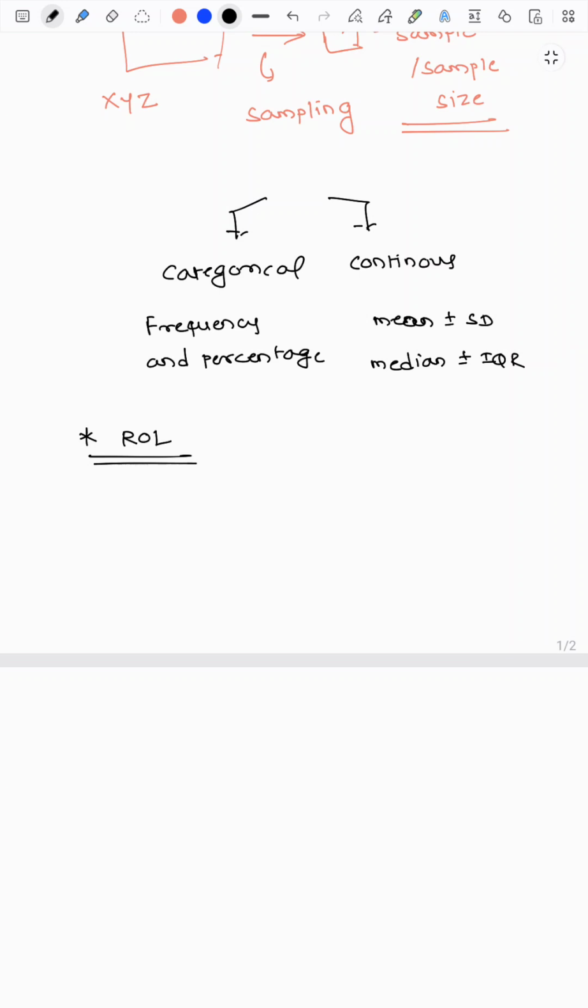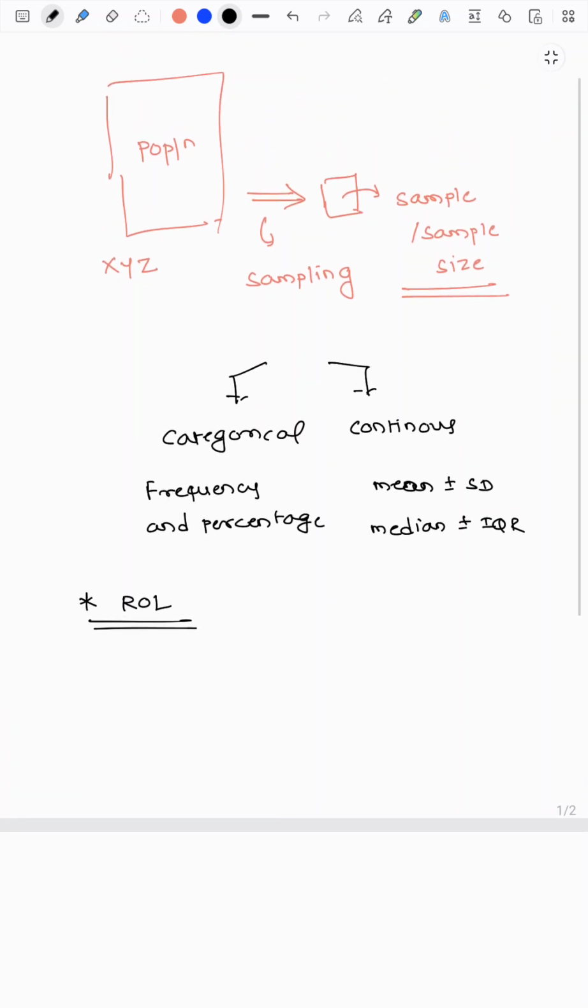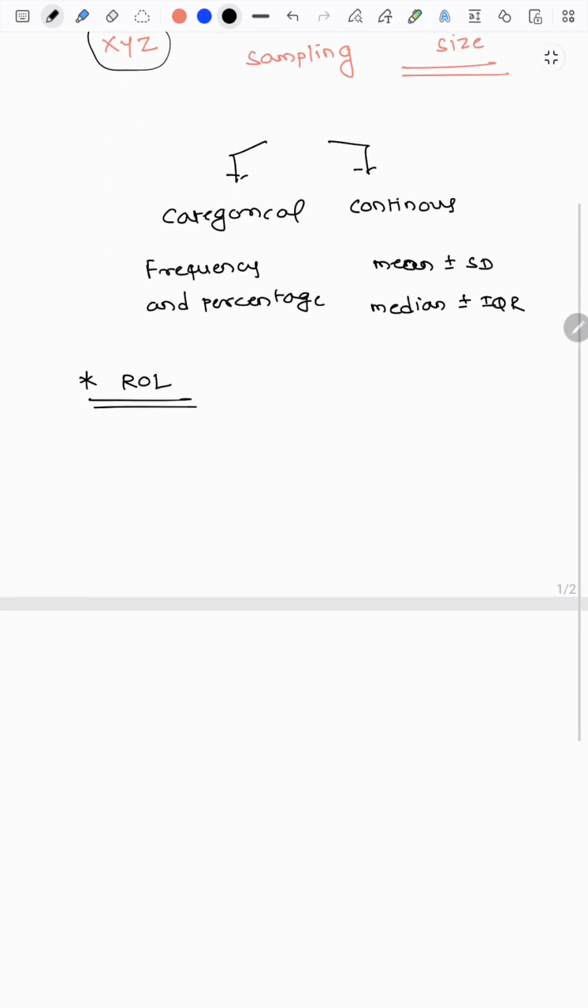So let's say I was about to calculate prevalence of hypertension in city XYZ. With the help of ROL, I should at least have a similar study which was done in the same city, or in a nearby city, or in that particular state or country, which gives us the existing prevalence, or an expected proportion or expected standard deviation. So the word expected is very important here. And we get this expected value through thorough ROL.